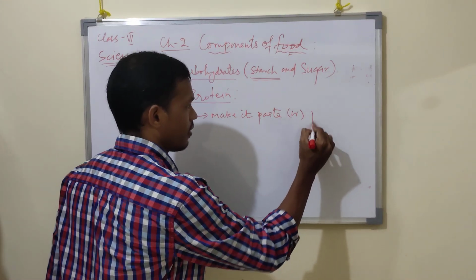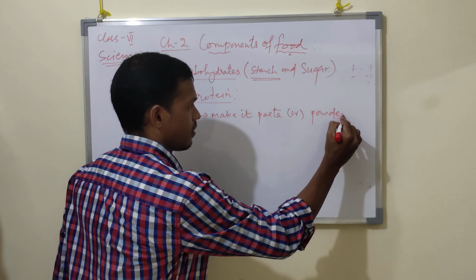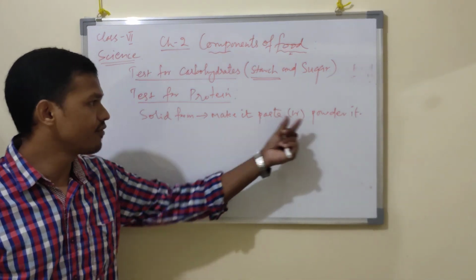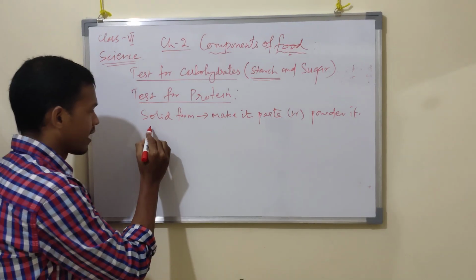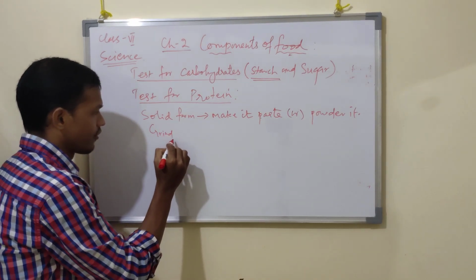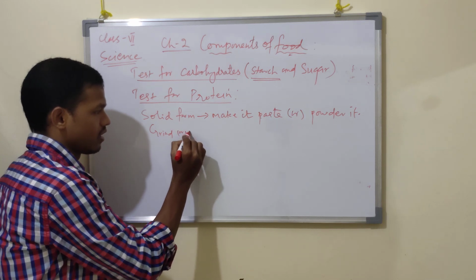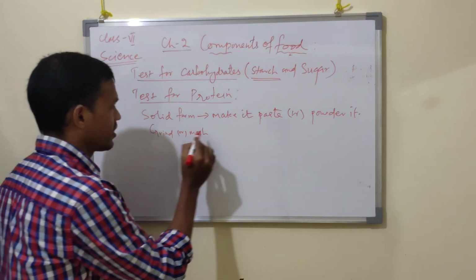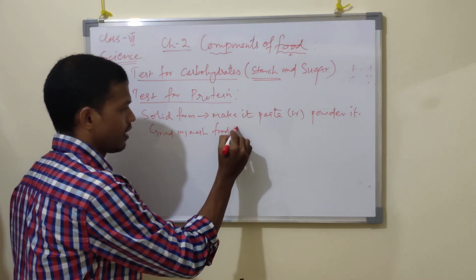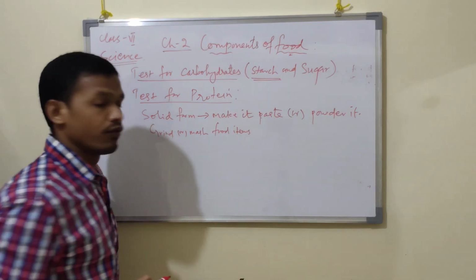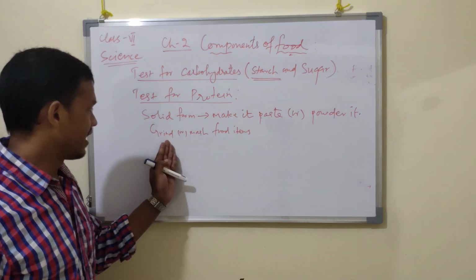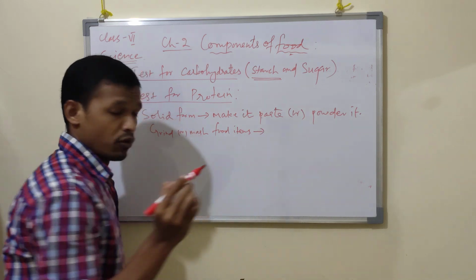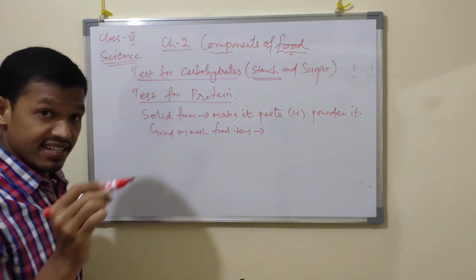After that, grind or mash the food item. After grinding and mashing, make a small bowl of the food item and place it in a test tube.